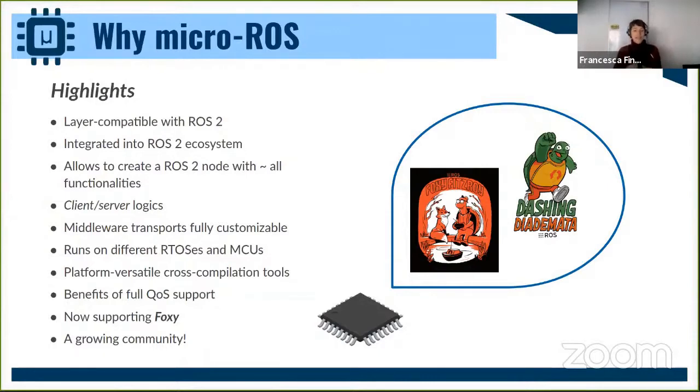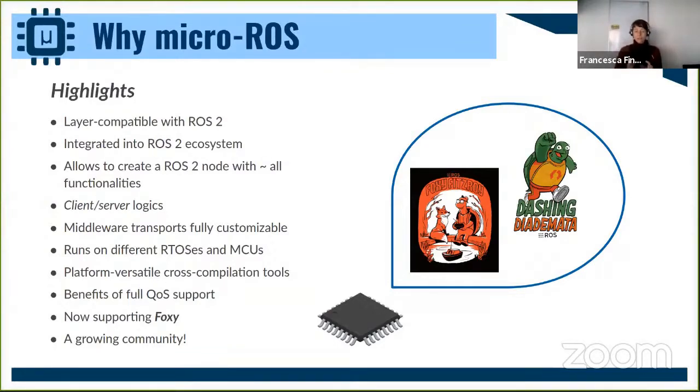It follows client-server logics, of which I will be speaking in more detail later on. It can use several different transport protocols, allowing it to fit a diverse range of use cases. It runs on different platforms, and for this to be possible, it offers a very versatile build system that encompasses the growing pool of supported platforms.